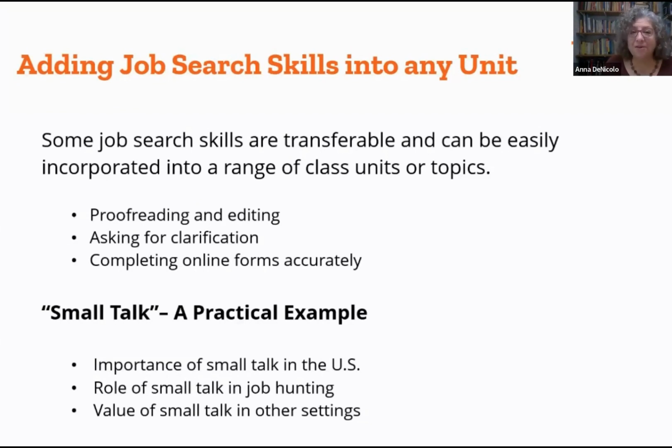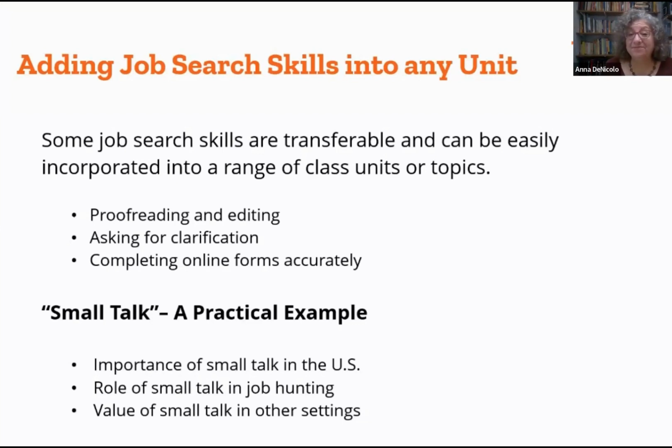And of course, if an email or a phone number is incorrect, an applicant is not going to get a call back. Let's pick one specific example and take it through how you could incorporate it into a textbook.